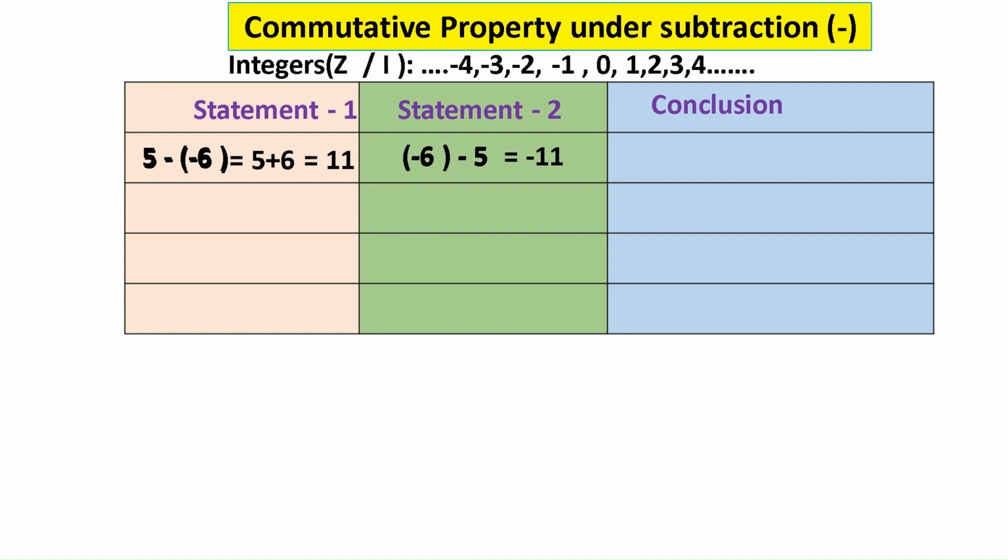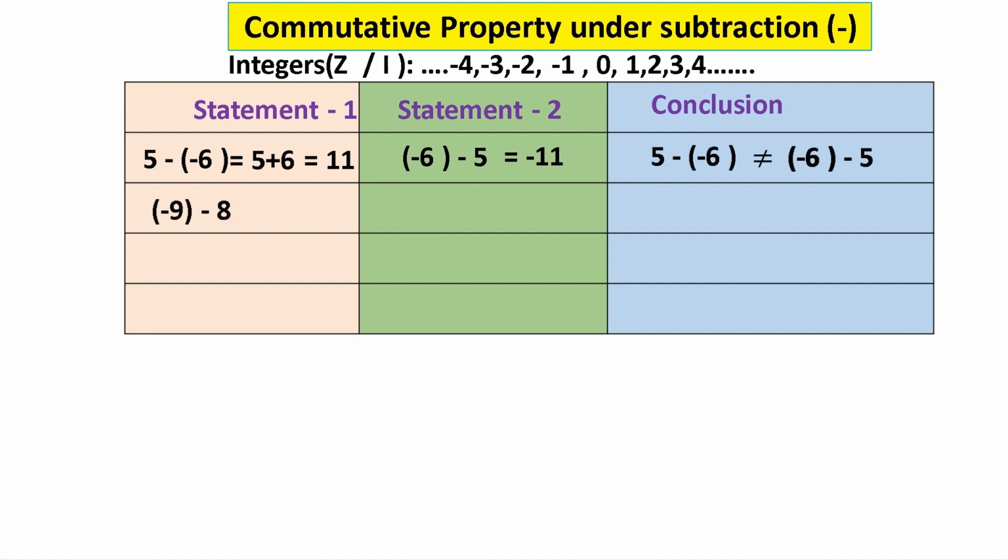In statement 1 we get plus 11. In statement 2 minus 11. These are not equal. So that's why we conclude that 5 minus of minus 6 is not equal to minus 6 minus 5.